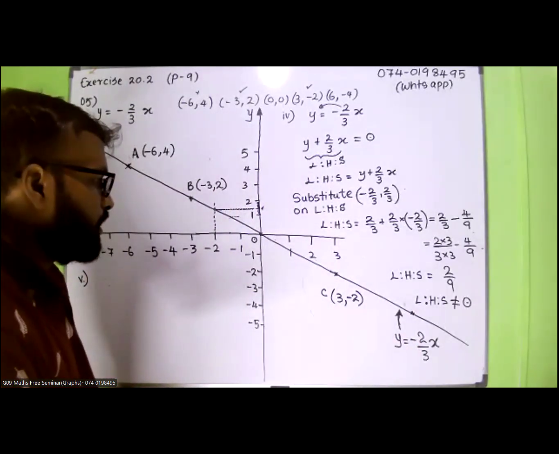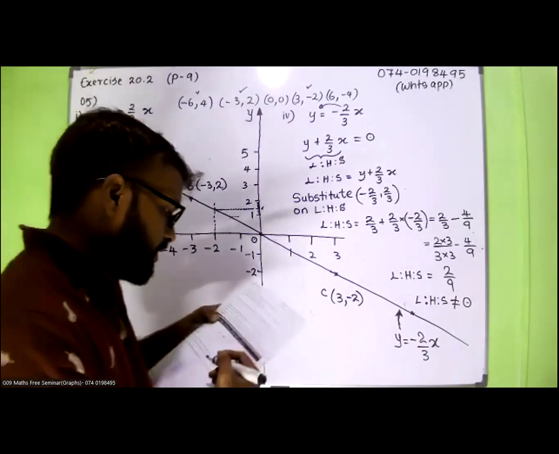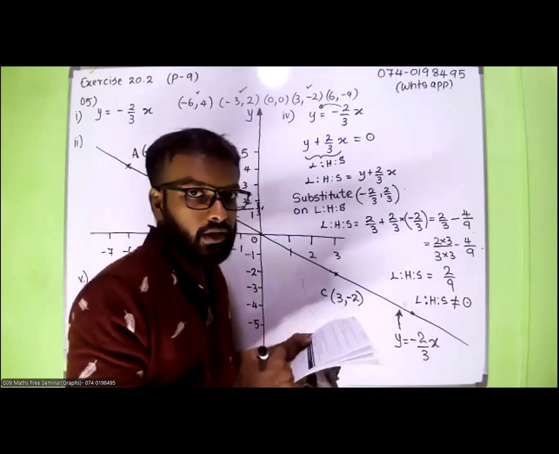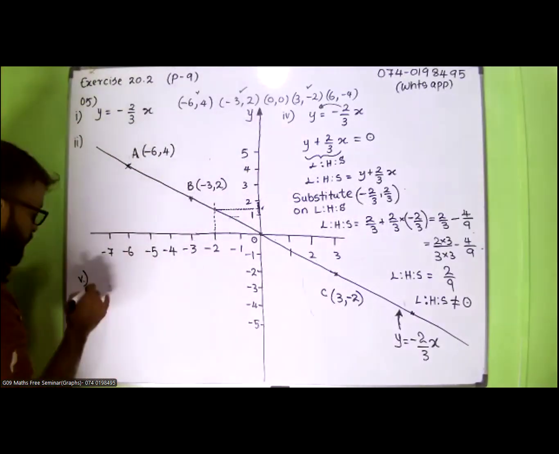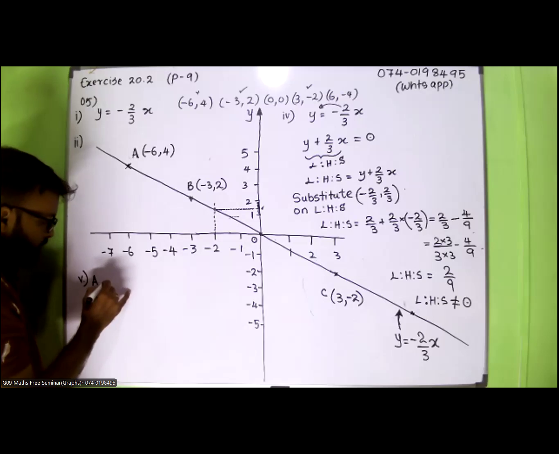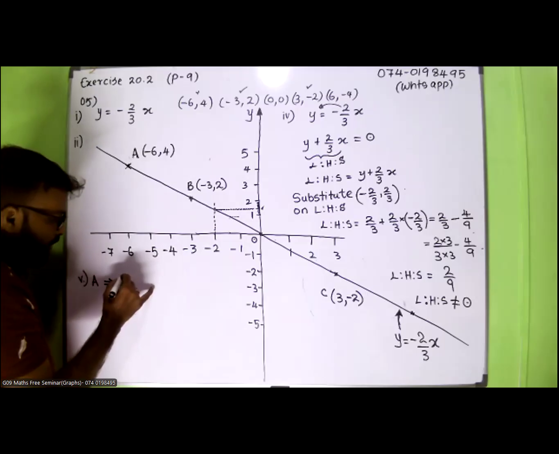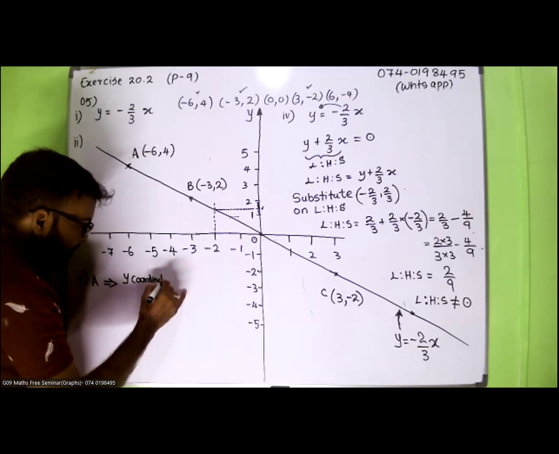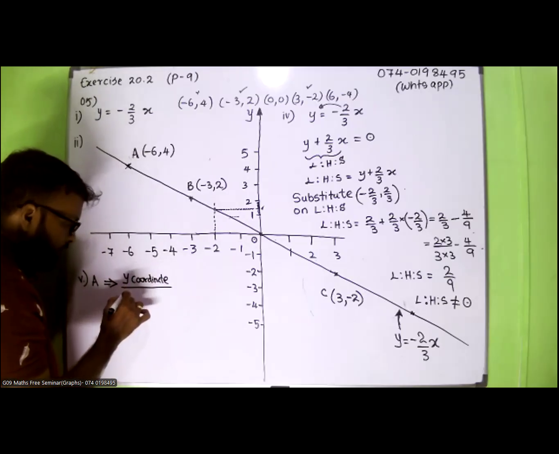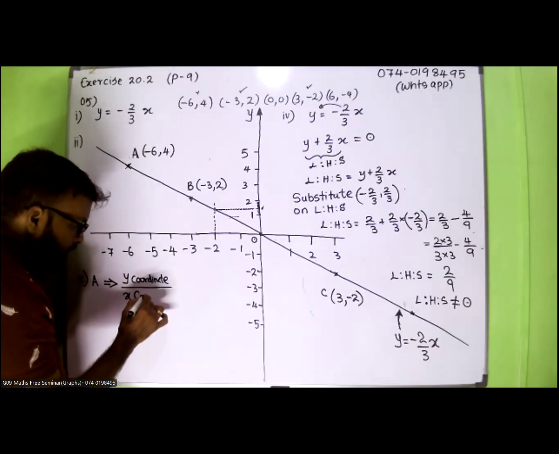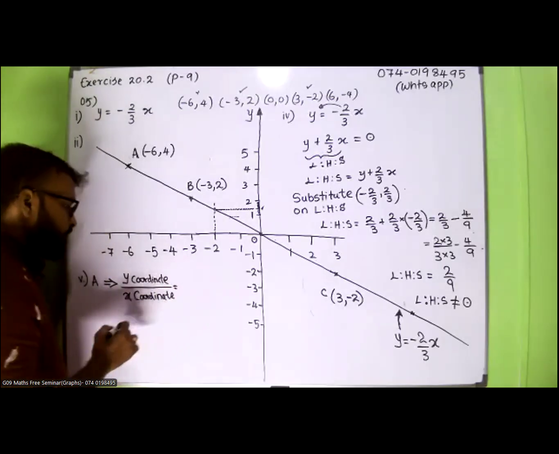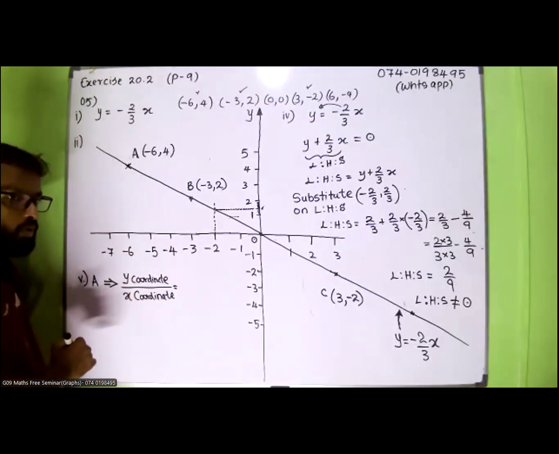Now they are saying to get the ratio of the y coordinate to the x coordinate. So point A. Y coordinate divided by x coordinate.